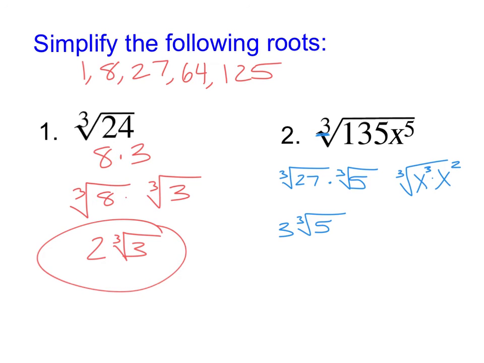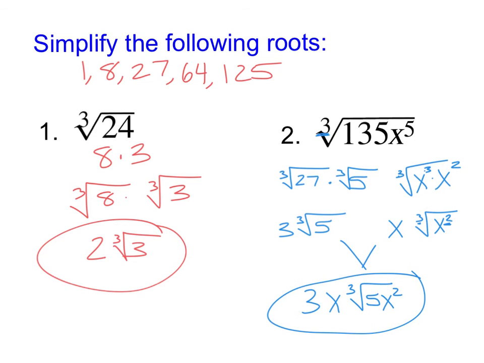Right? Because 3 over 3, right, what times itself 3 times is x cubed? X. And then we're left with 2, right? That's because the power is less than the index, you're good. So now we put these back together. So 3x, the cubed root of 5x squared.